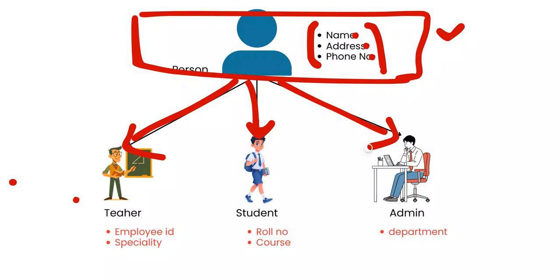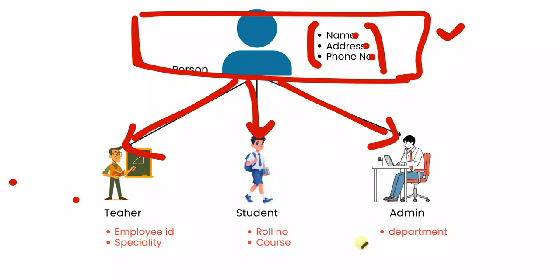For example, our parents have provided something as inheritance, so we are having that, either a physical property or a biological property. Along with that, we also create some other properties, which make us a unique class, which make us a unique object.